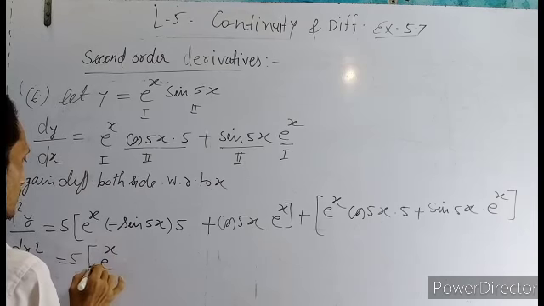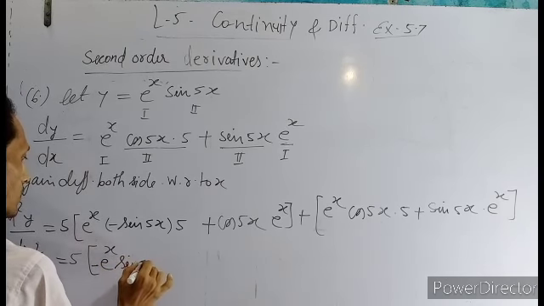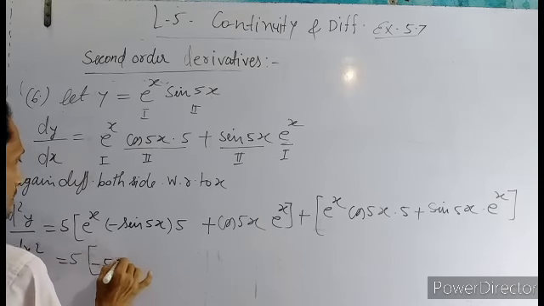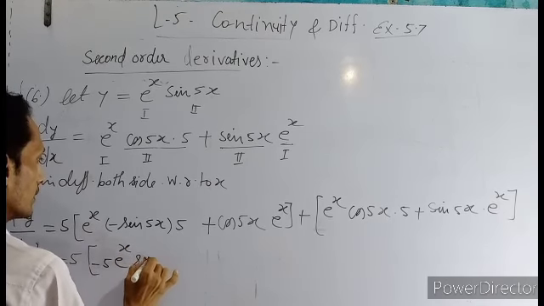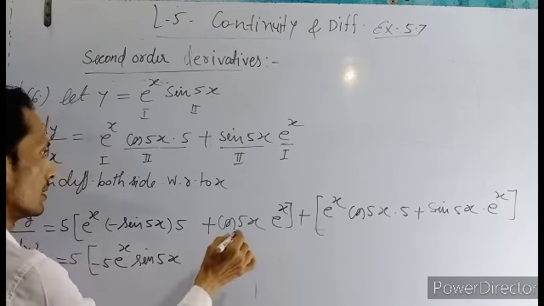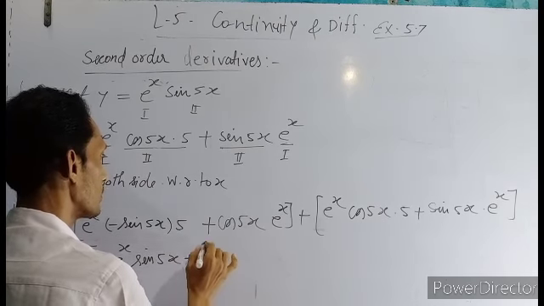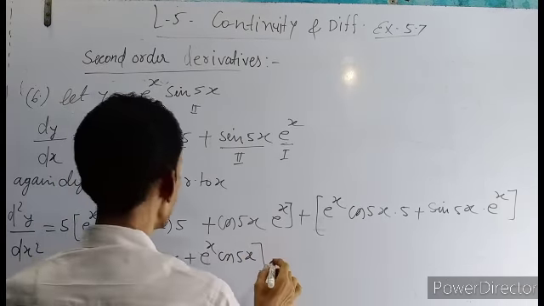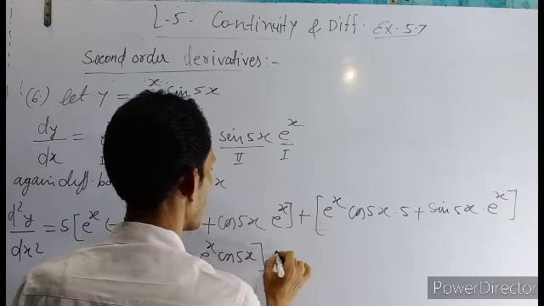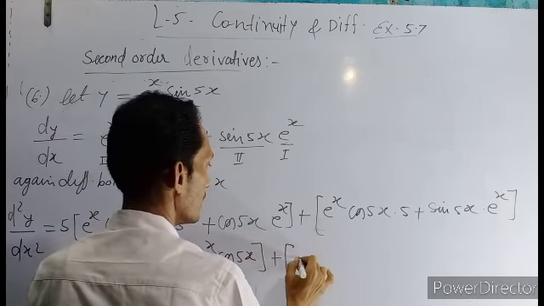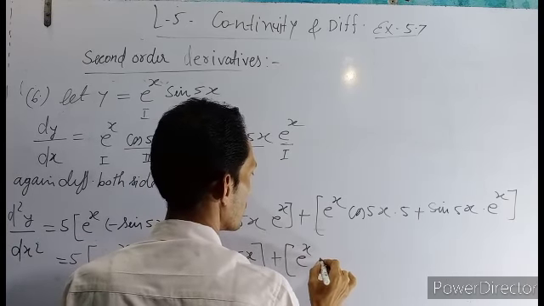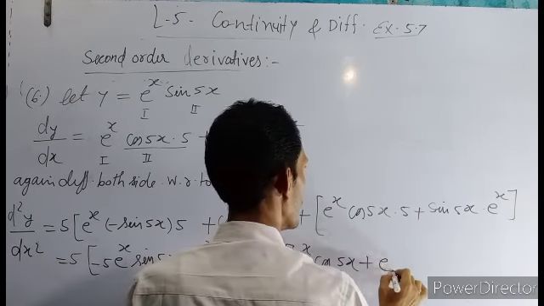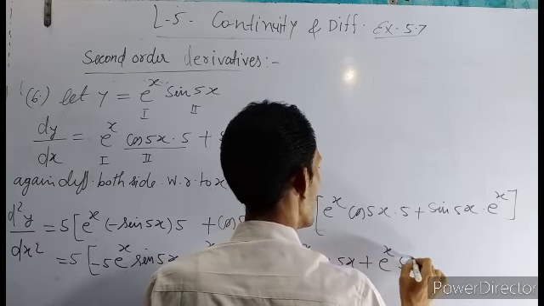e raised to the power x, minus sine 5x, you can arrange, minus 5 e raised to the power x sine 5x, plus e raised to the power x cos 5x, plus, similarly you can do here, e raised to the power x cos 5x plus e raised to the power x sine 5x.